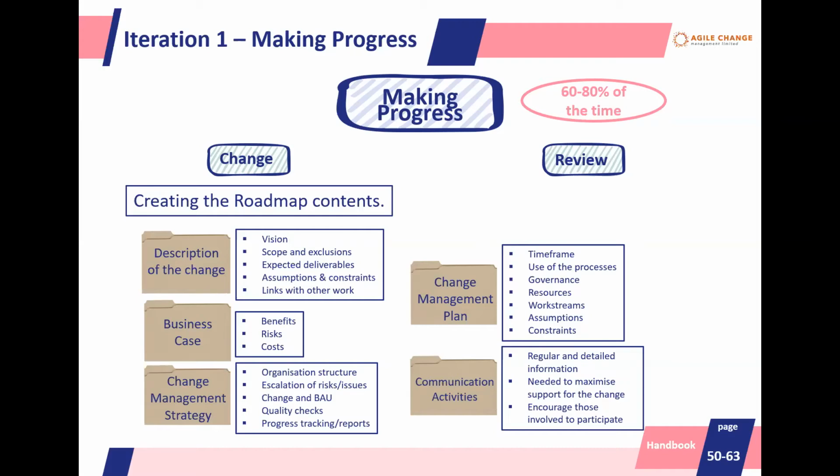The change management plan, well, really, the basis of any plan in this agile approach is going to be the roadmap, because the roadmap sets out the time frame, it sets out the repeatable processes of getting started, making progress and realizing benefits. But it also puts in there key decision points and the resources that we're using. We might even start to look at streams of work within each step of making progress. And again, we'll be thinking about any assumptions and constraints that we have to consider.